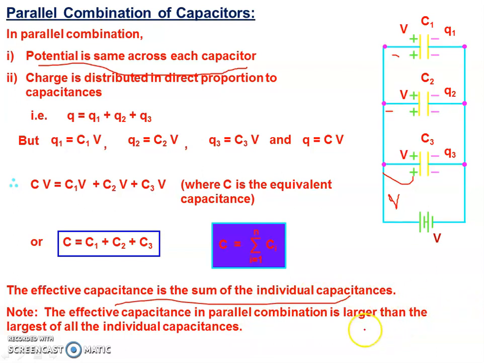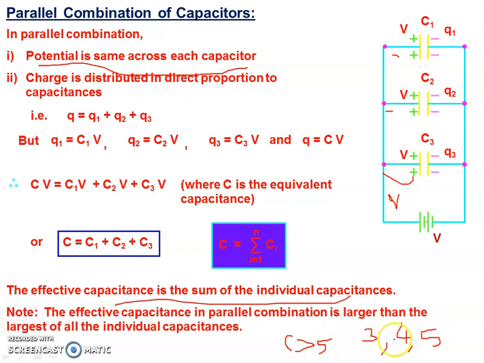For example, there are three capacitors, one of 3 microfarad, another of 4 microfarad, and the next of 5 microfarad. If we connect these three capacitors in parallel combination, we will get a capacitance more than 5 microfarad, right.